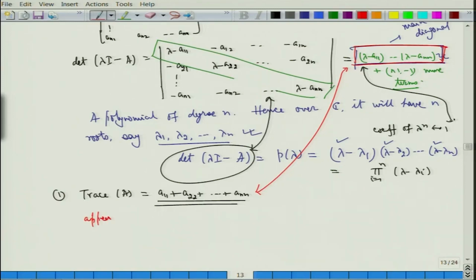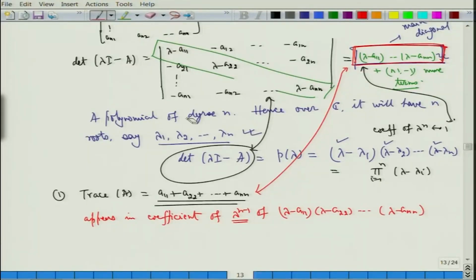So, this appears in the coefficient of lambda to the power n minus 1 of lambda minus a11, lambda minus a22, and so on till lambda minus ann. All right, fine. And there is no other term of lambda to the power n minus 1. Why? Because the main diagonal gives me lambda to the power n, lambda to the power n minus 1, lambda to the power n minus 2, and so on.